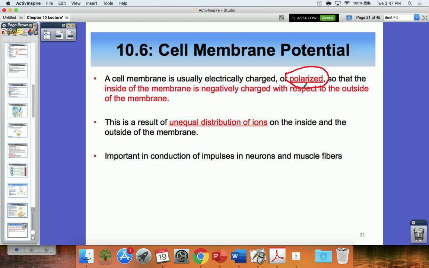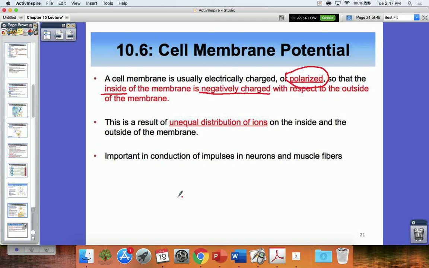Y'all remember, even in chemistry, some biology, how you have a polar covalent molecule, which means that it's slightly positive or slightly negative on certain ends. And so this neuron, the cell membrane, is usually charged. And very important, the inside is negatively charged and the outside is more positively charged.